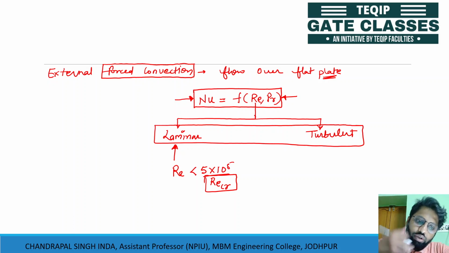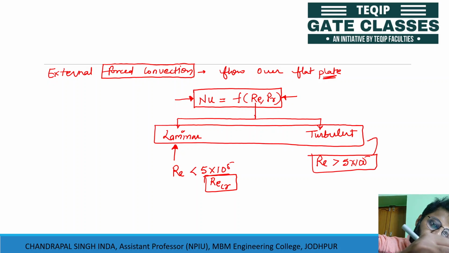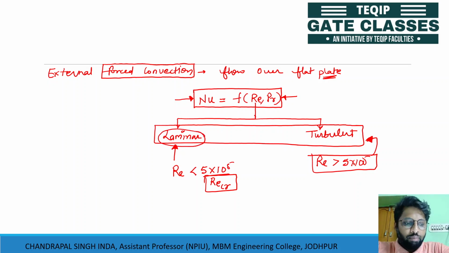And if it is greater than 5 into 10 to the power 5, then the flow will be treated as turbulent. So let's have one basic question, then we will start the empirical relationship for laminar flow, and then for turbulent flow.